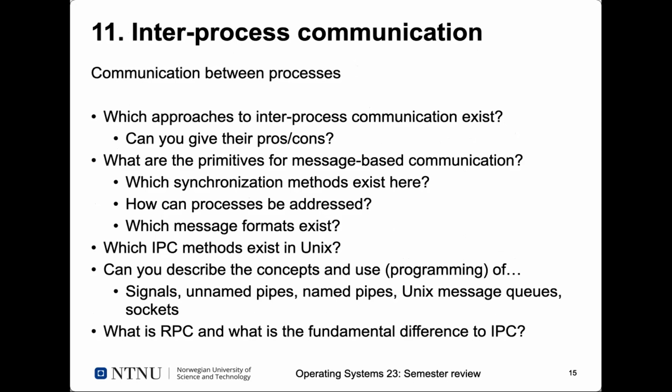You should know about primitives for message-based communication, synchronization methods, how to address processes, the IPC methods in Unix. And you should know at least a bit about signals, pipes, so named and unnamed pipes, message queues, and you all used sockets, obviously, in the web server example. And you should also know what RPC is and how it relates to IPC.